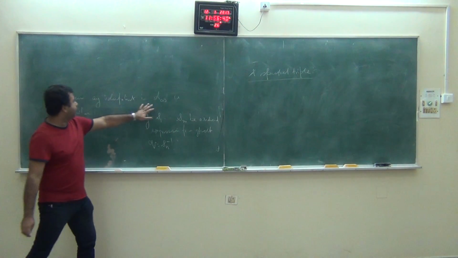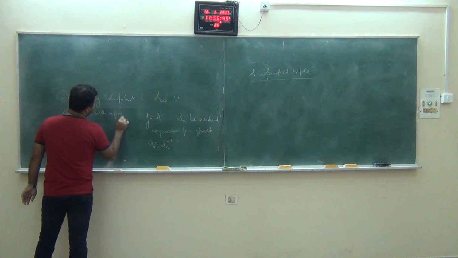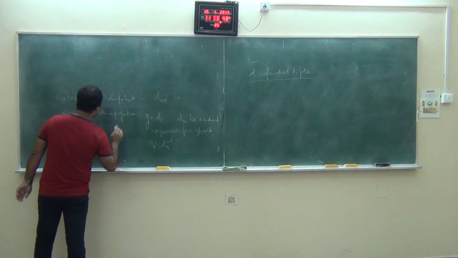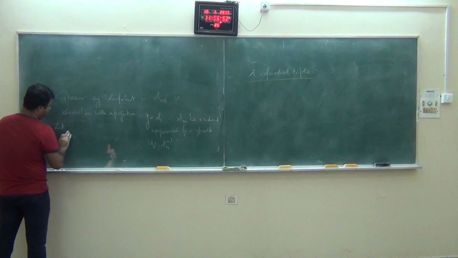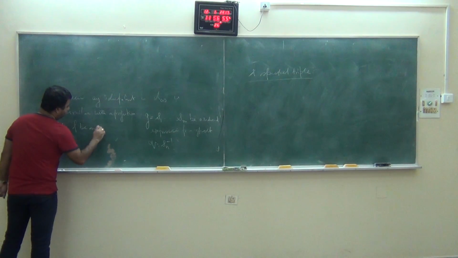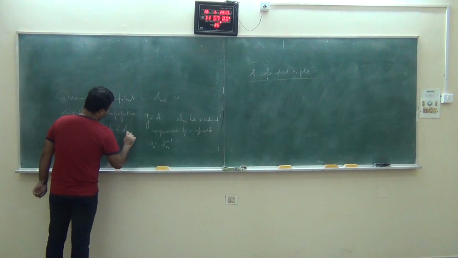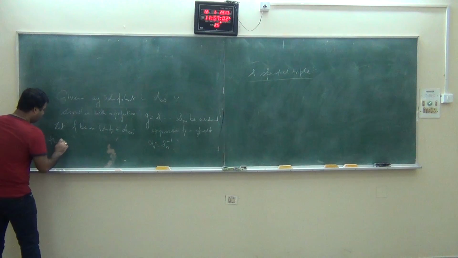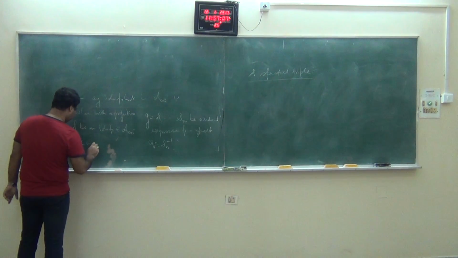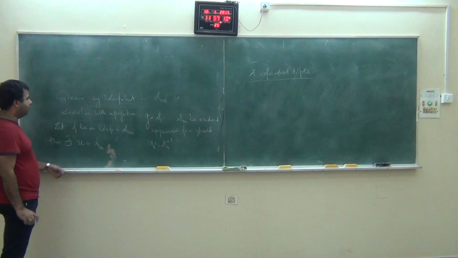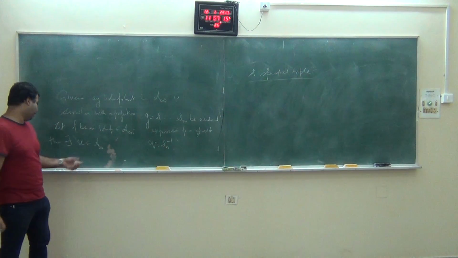Given an idempotent in A infinity, it is similar to a projection. What does that mean? Let F be an idempotent from A infinity, then there exists U in A infinity, strictly speaking you may need to go to matrices, but matrices are okay, you can handle them.